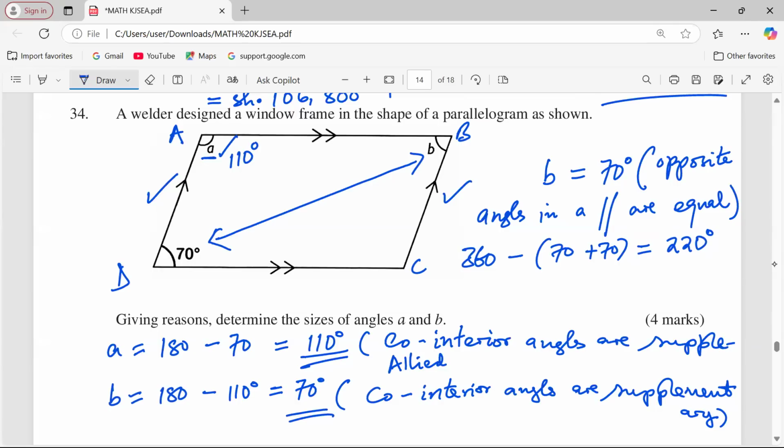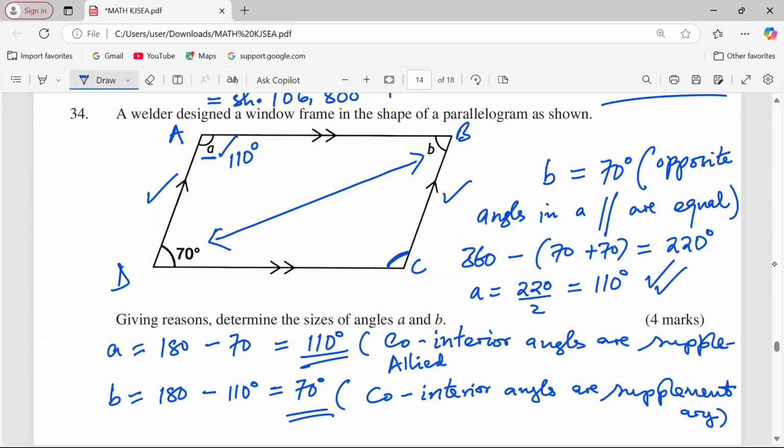So the two other angles, the angle at C and the angle A, are supposed to give us a total of 220 and they are equal. So the size of A will be, when we divide 220 by 2, 110.